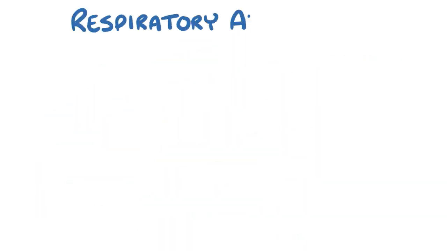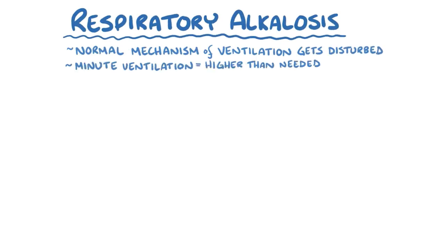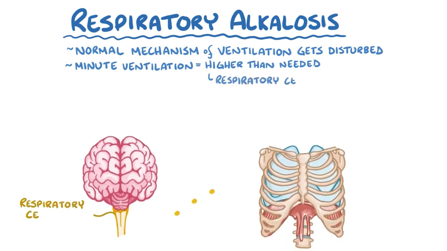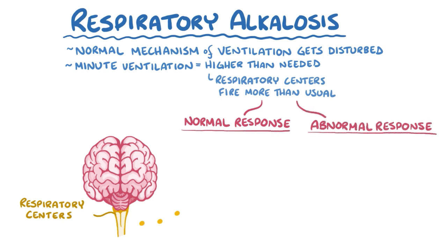In respiratory alkalosis, the normal mechanism of ventilation gets disturbed, and the minute ventilation goes higher than what's needed to balance the pH. For ventilation to increase, the respiratory centers have to start firing more than usual. This increased firing might be a normal compensatory response, or an abnormal response to a situation that doesn't really call for increased ventilation.